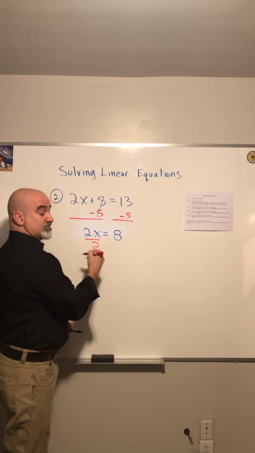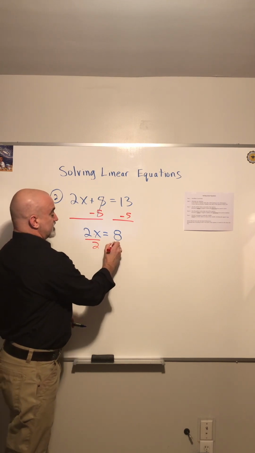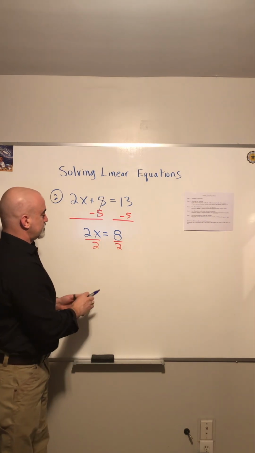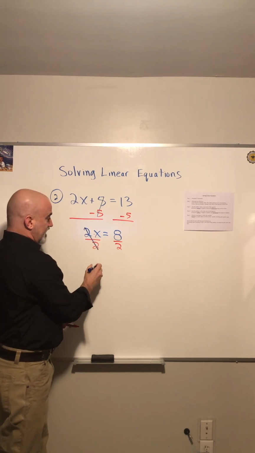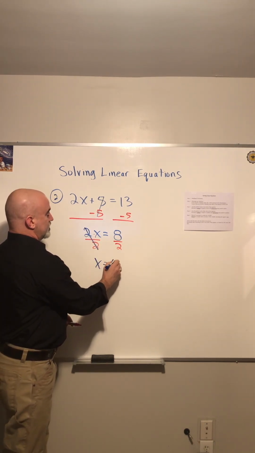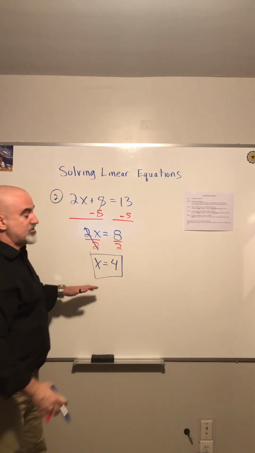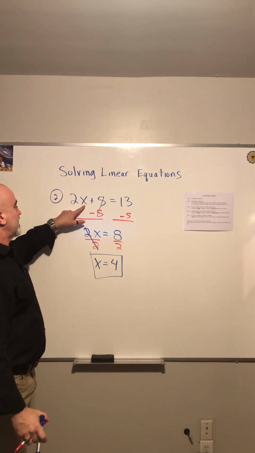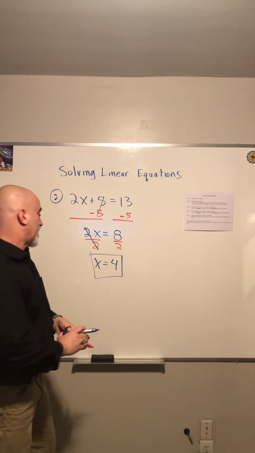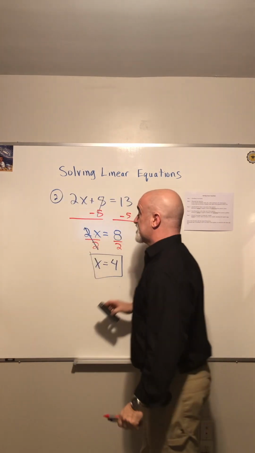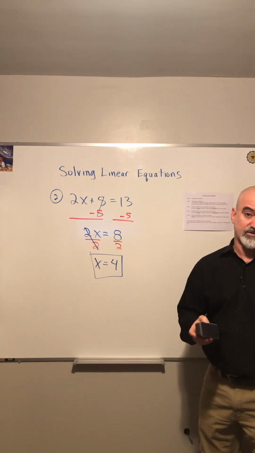And of course, whatever I do over here, I have to do the same thing over here. So again, that cancels. You get x equals 8 over 2, which is 4. And if you wanted to check, you could plug in a 4 here, and it should work out. Okay, so those first two problems are pretty similar.